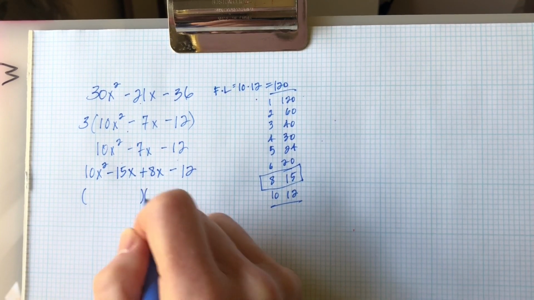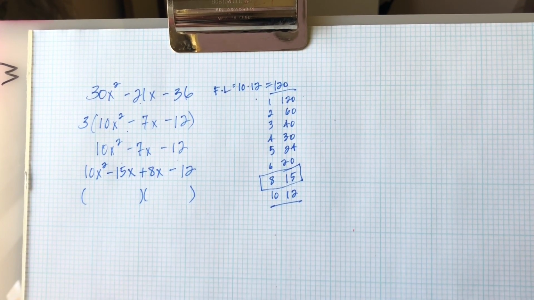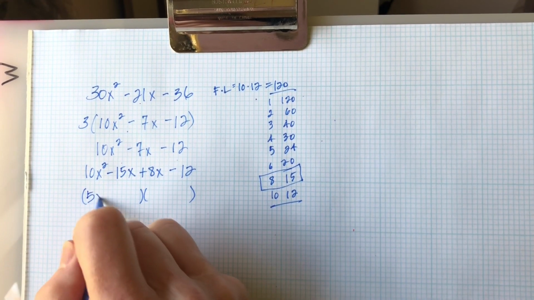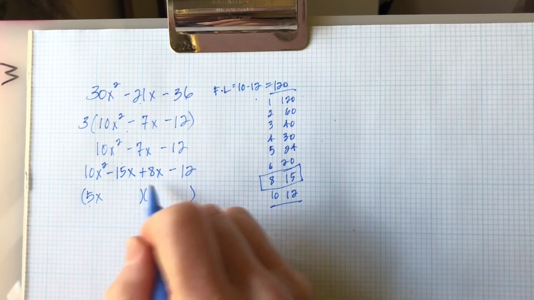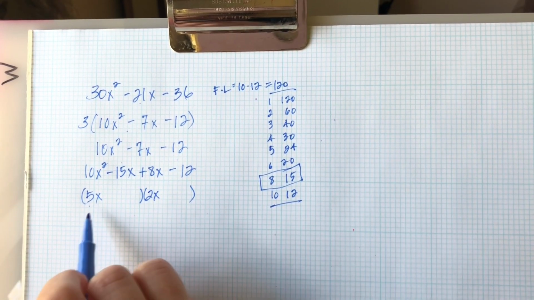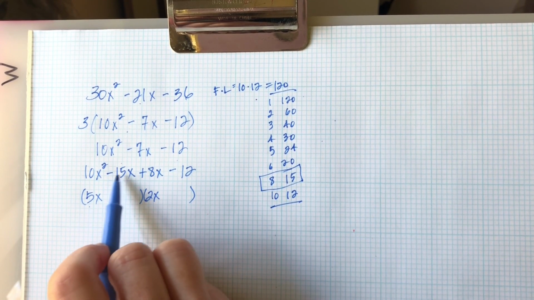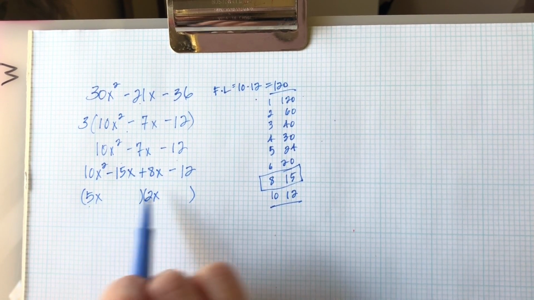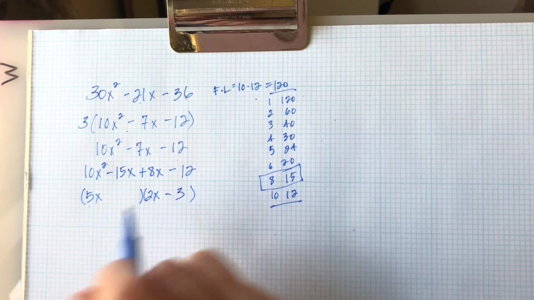Set up our parentheses. All right, the GCF of these first two terms is 5x. And then 5x times what would give us 10x squared? This is going to have to be a 2x. All right, that takes care of that first term. Now, this came from the outside term, so 5x times something over here gives us negative 15x, so that's negative 3.